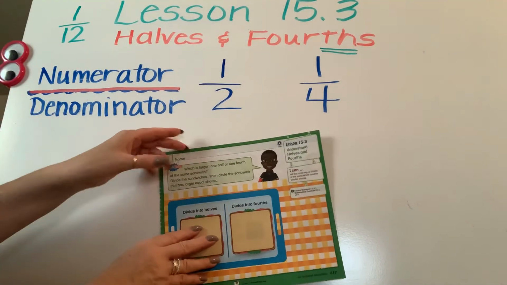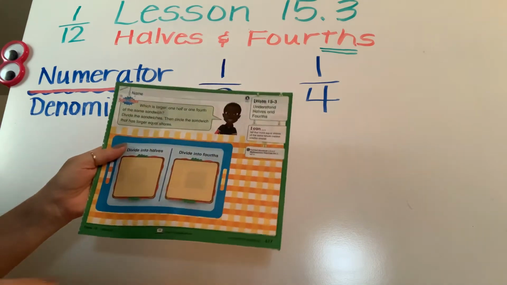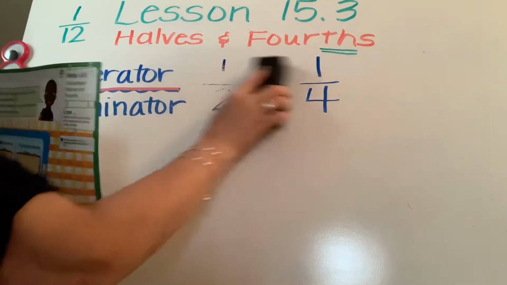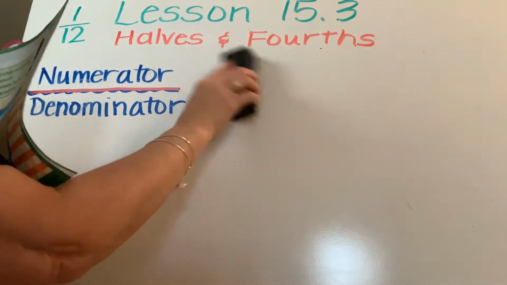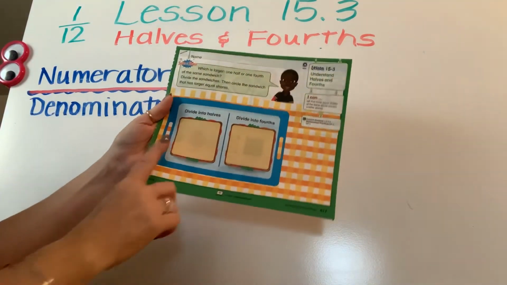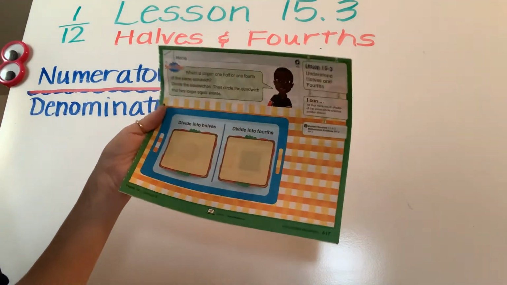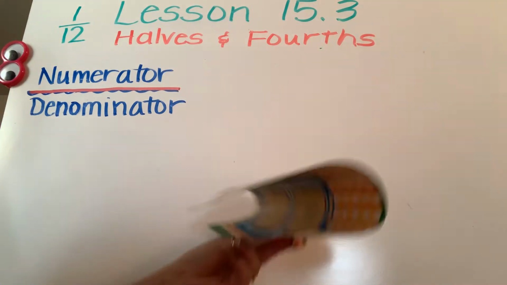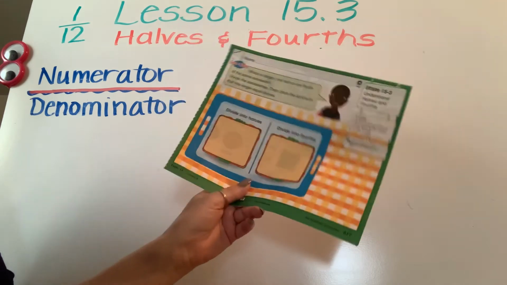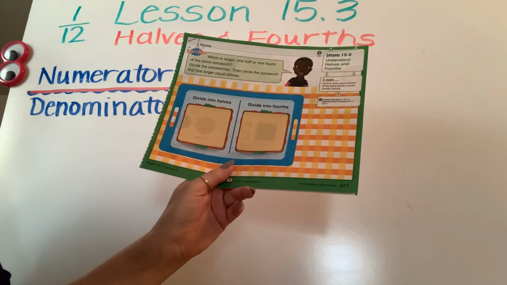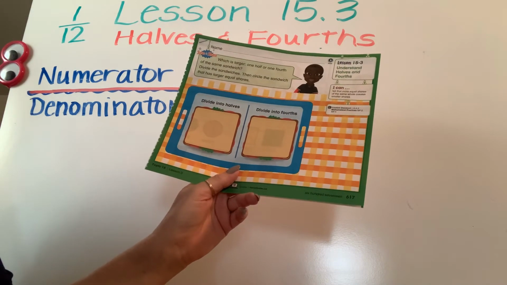Now, we're going to go on to lesson 15.3. I just thought you guys would like a little advanced lesson today, okay? Number 1, we're going to divide these sandwiches. Number 1, please divide that into halves. And the second sandwich, we're going to divide into fourths.